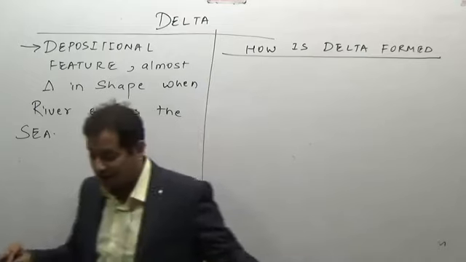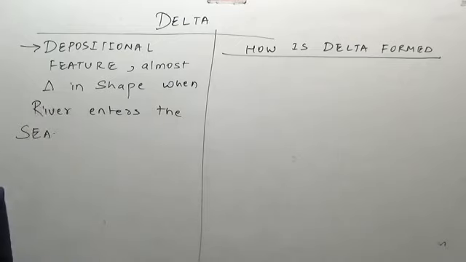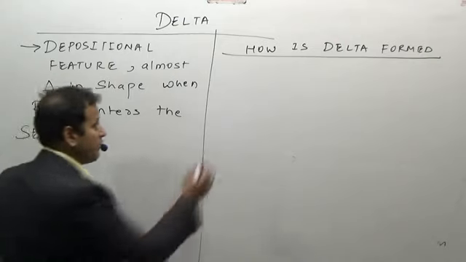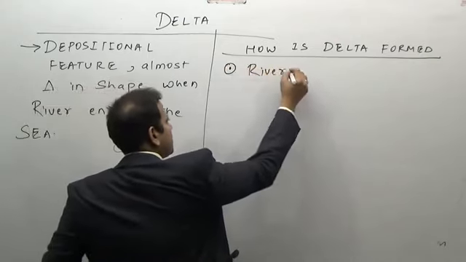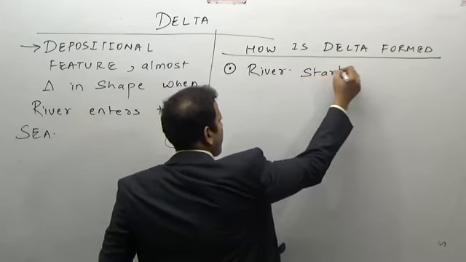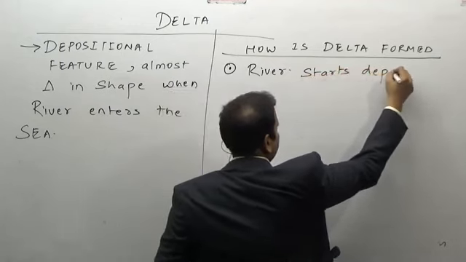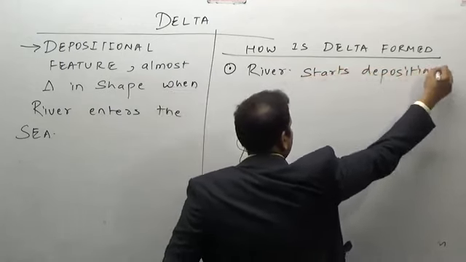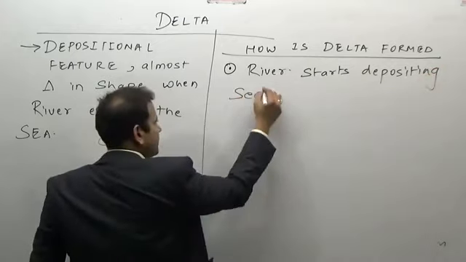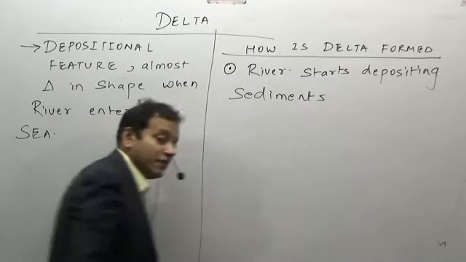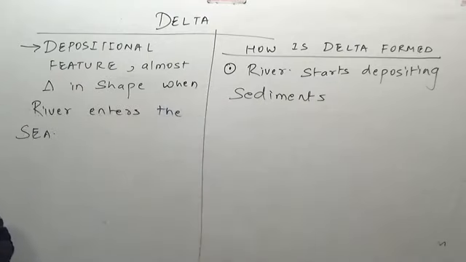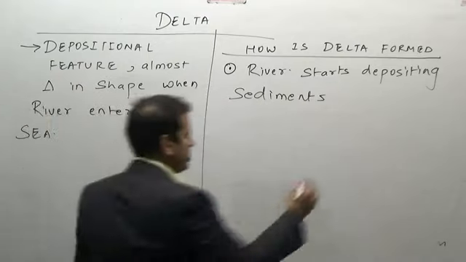So what is the first stage in the formation of a delta? The river starts depositing sediments in the sea.